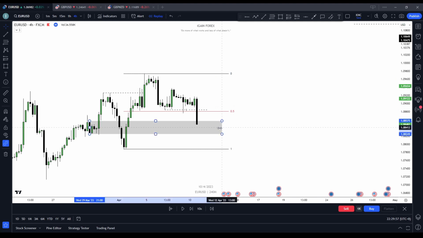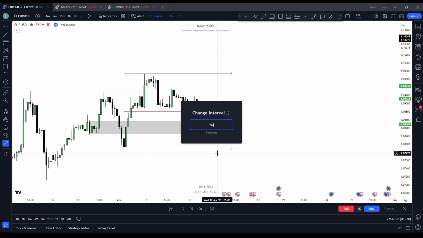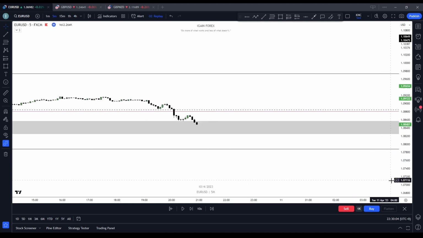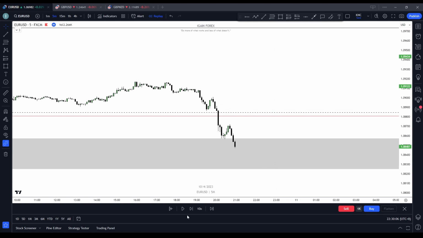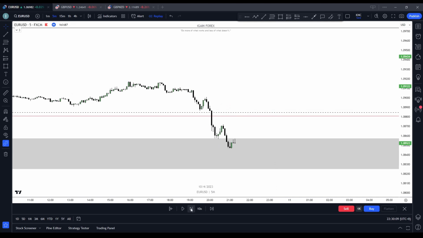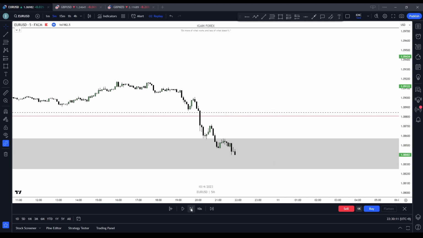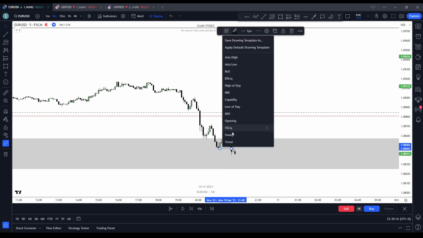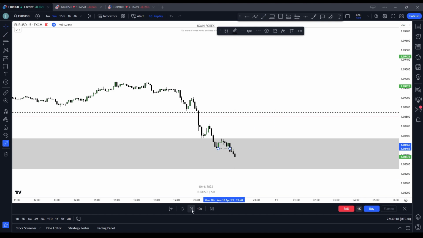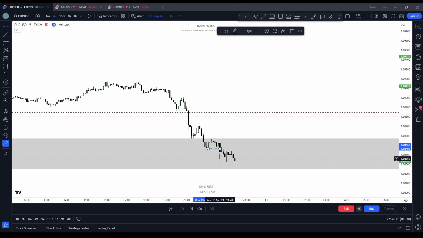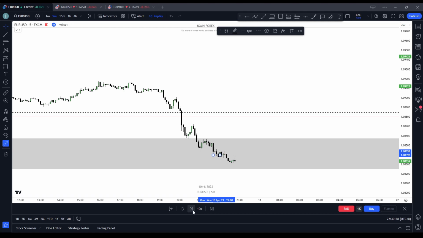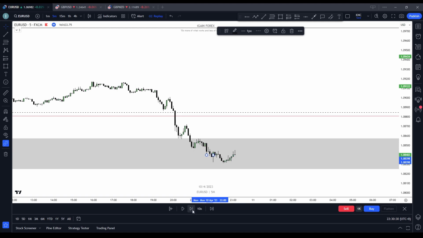Okay, guys, so we have a tap in the market in our zone here. So let's go down to 5 minutes and wait for our market structure shift to happen. Okay, we have multiple sweeps happening.